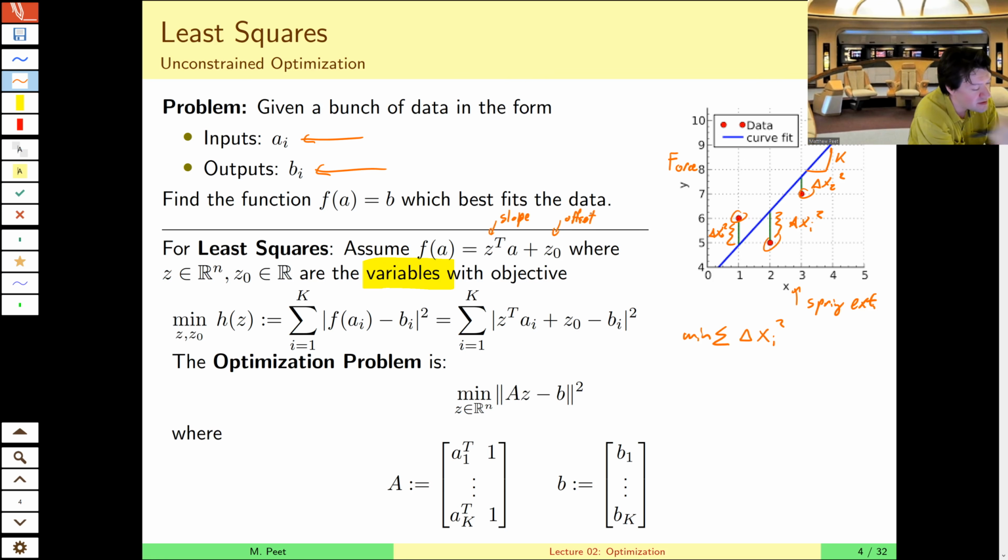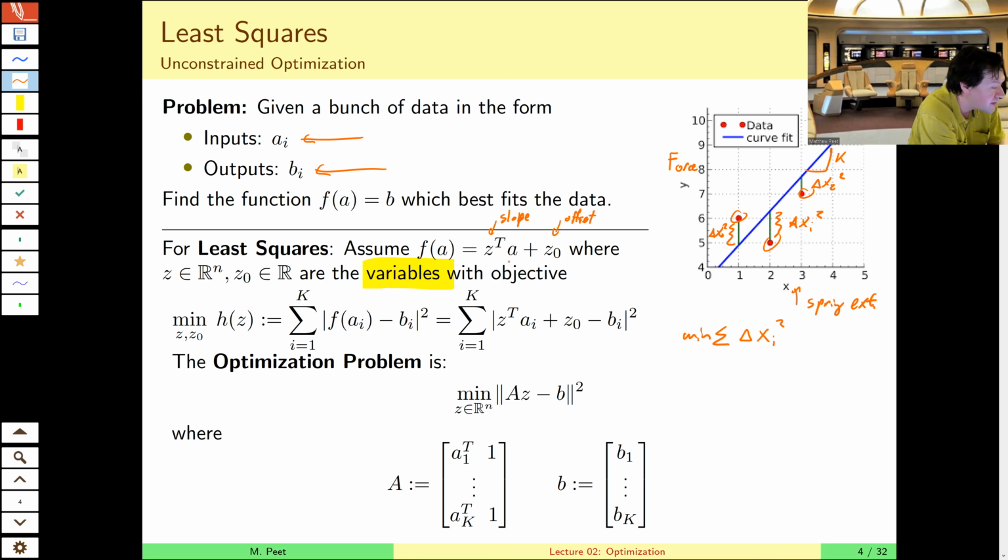So technically, this is an affine function, not a line. But maybe we don't have many mathematicians in the room, so we'll just call it a line. And so what then are our variables? What are we trying to choose?